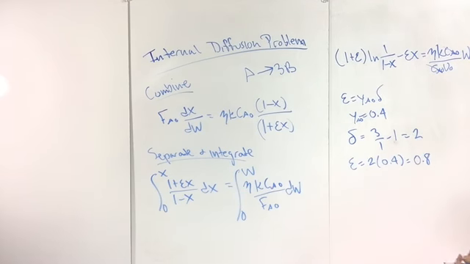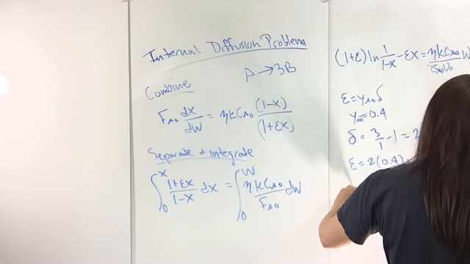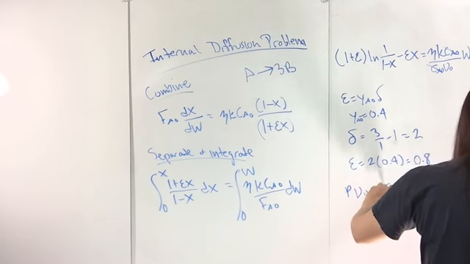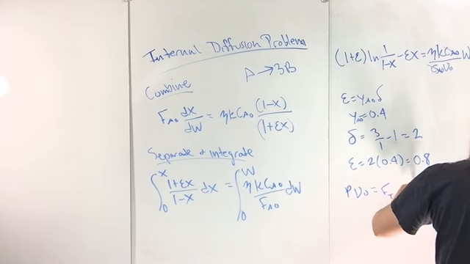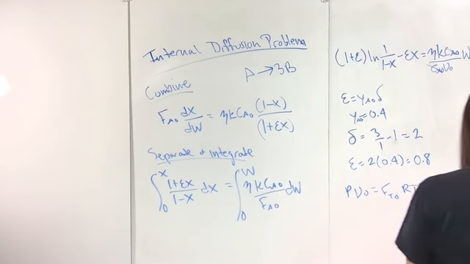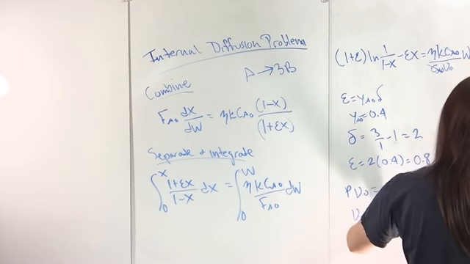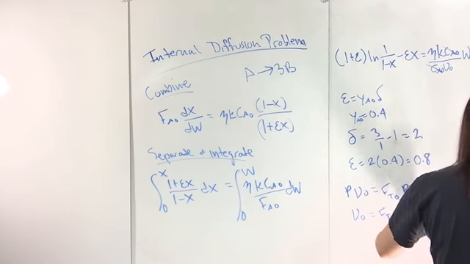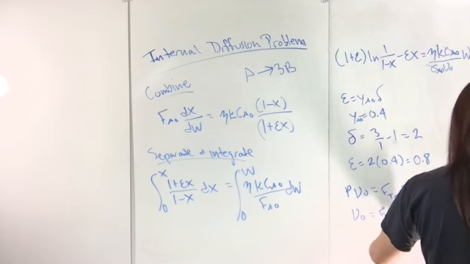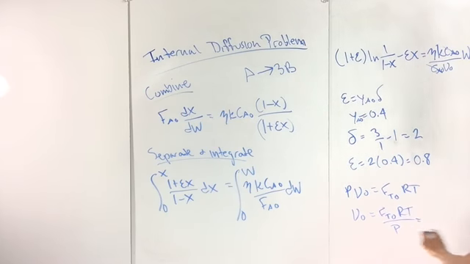And then we can get v naught by applying the gas law. So P v naught is equal to FT naught RT, and so v naught is equal to FT naught RT over P. If you plug everything in using the right gas constant, you get 26.24 liters per second.